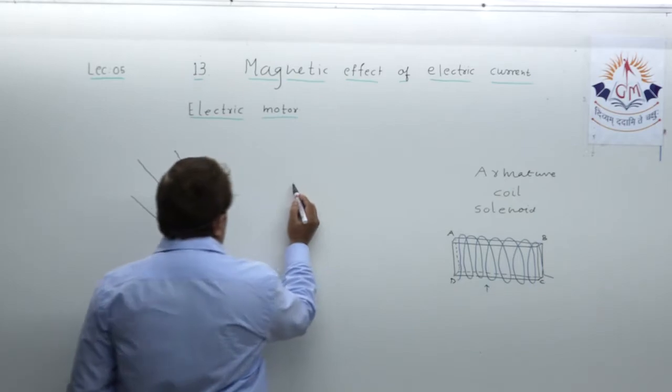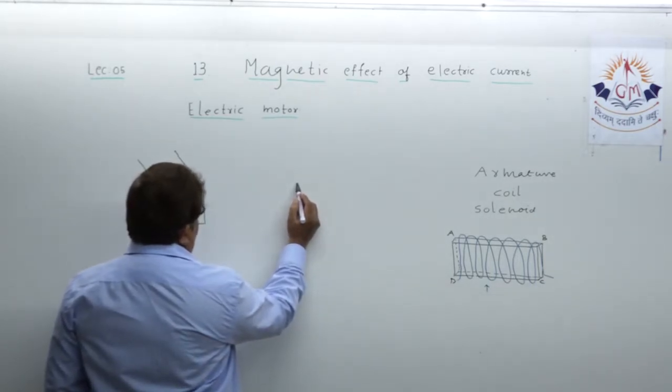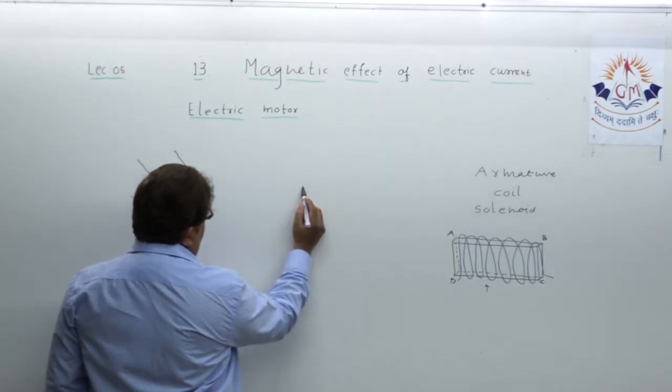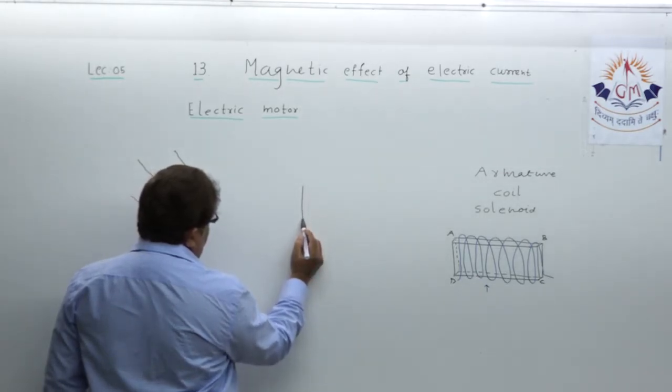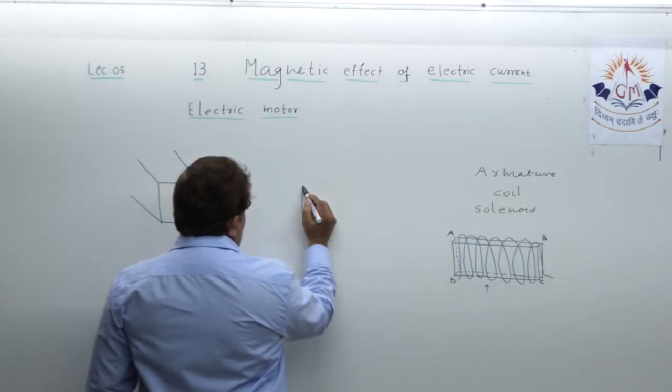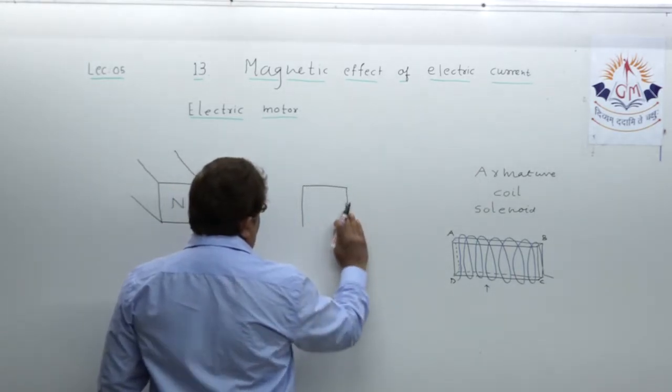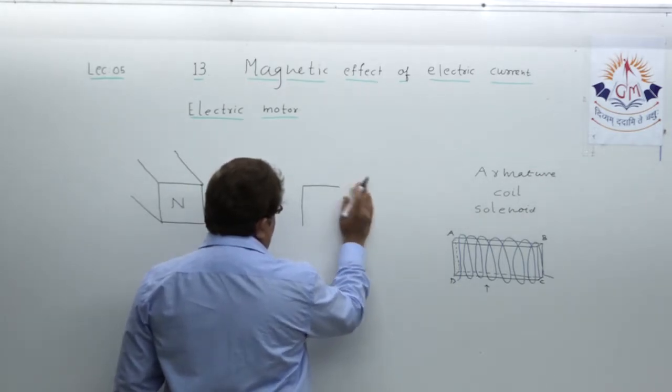And suppose this is, dear student, this is one another pole, the south pole of the horseshoe magnet, understand?